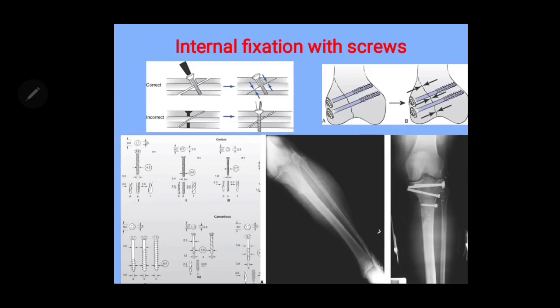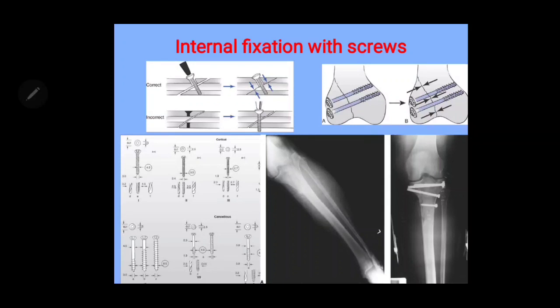So here you can see a clinical example of tibial condyle fracture which is fixed with screws, and the scheme of the femoral condyle fracture which is also fixed with compression screws. So the screws can go in different diameters. The smallest one of 2 millimeter diameter is used for hand fractures, metacarpal bones, phalanges. The diameter 2.7 millimeters is used together with plates of the same small size. Can be used for fractures of distal radius, for example.